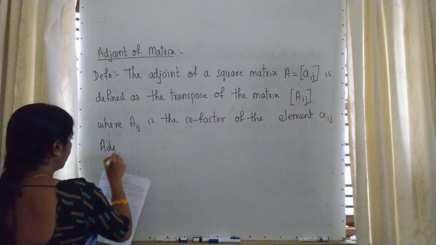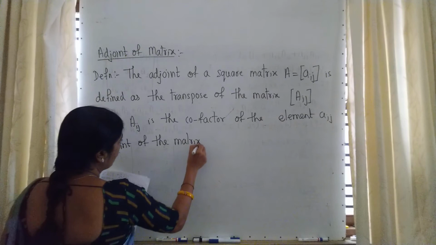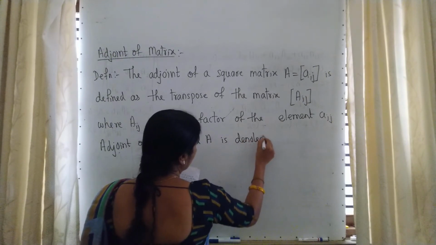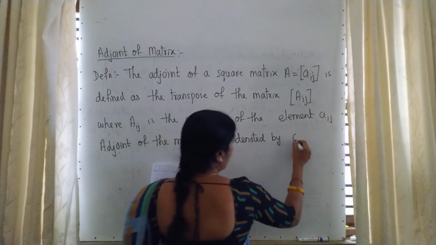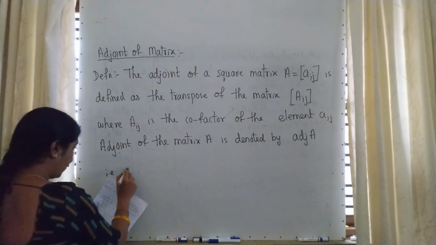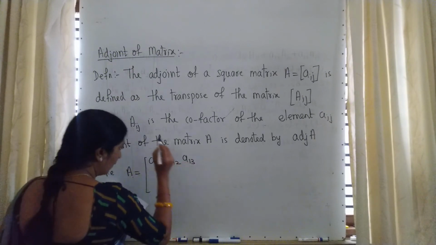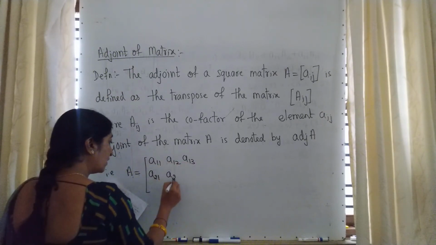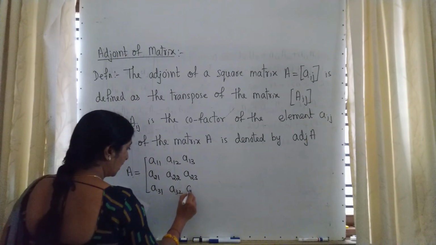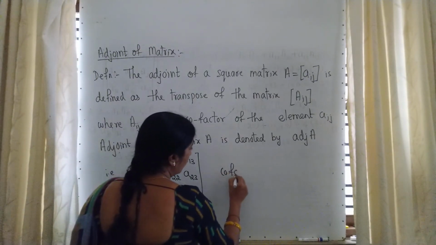Next, the adjoint of the matrix A is denoted by adj A. See, that is, if a matrix I am giving you as a11, a12, a13, a21, a22, a23, a31, a32, a33, then what is the cofactor matrix?